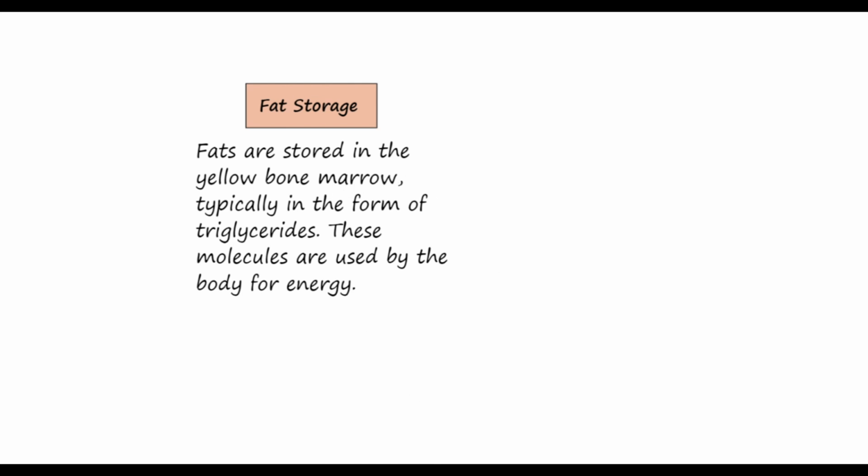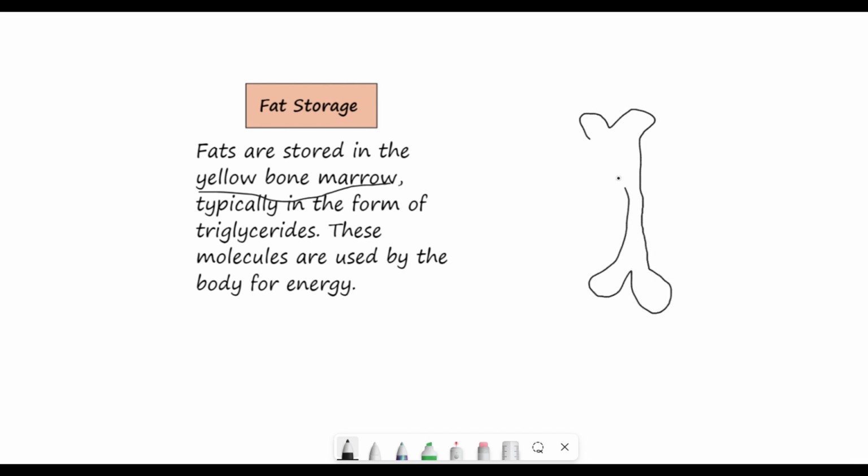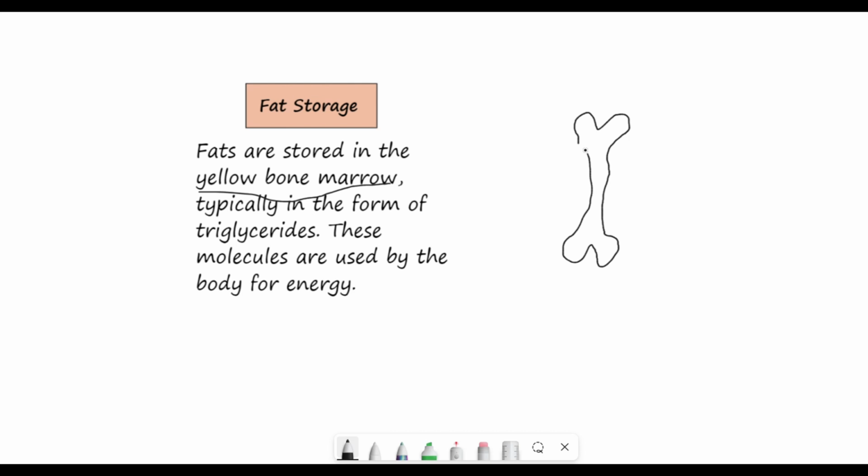Alright, so fat storage, as you can see, primarily takes place in the yellow bone marrow. So if you have a bone here, very bad drawing, I know. That's very bad. Let me try again. Trying to get it to at least look like a dog bone or something.